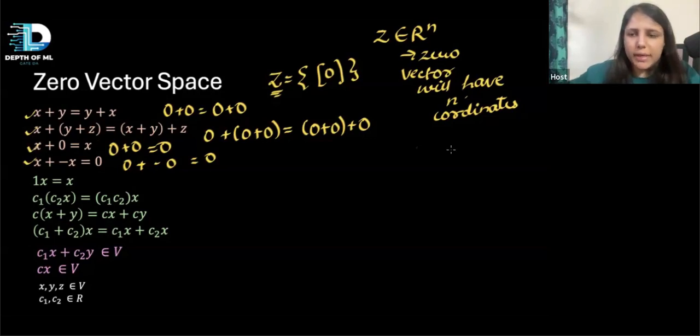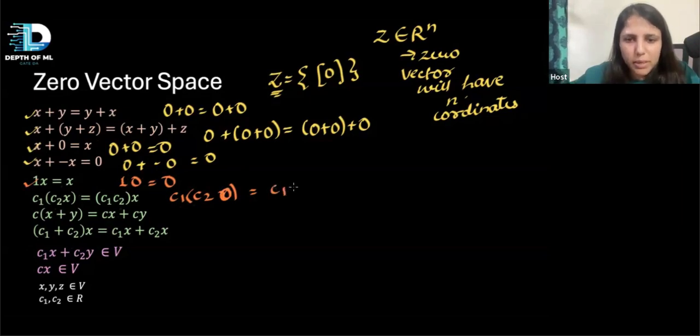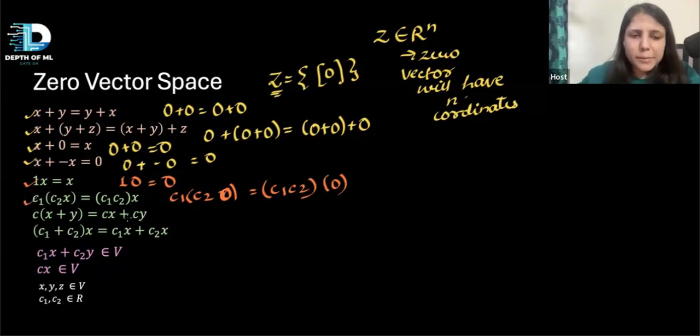Let's talk about the multiplicative properties. If I multiply the zero vector with a scalar, I will get the zero vector back. So this is also satisfied. If I take any two scalars C1, C2, and I multiply them in any order with the zero vector, I will get the same vector back, right? Even if I multiply these scalars together first, and then multiply them with the zero vector, I'll get the zero vector only. So this is also satisfied.